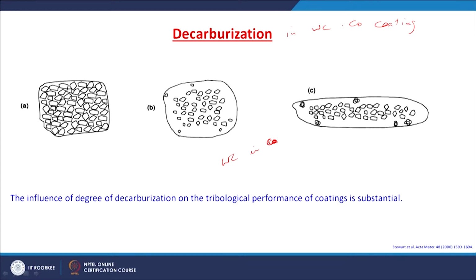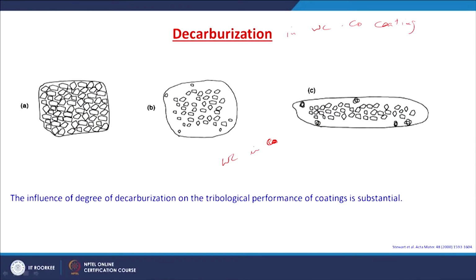This decarburization can be controlled by changing the oxygen to fuel ratio. We will see in some example case studies that with different oxygen to fuel ratios, the decarburization can be changed. Look at this: these are the tungsten carbide cuboids, and this is the cobalt binder.